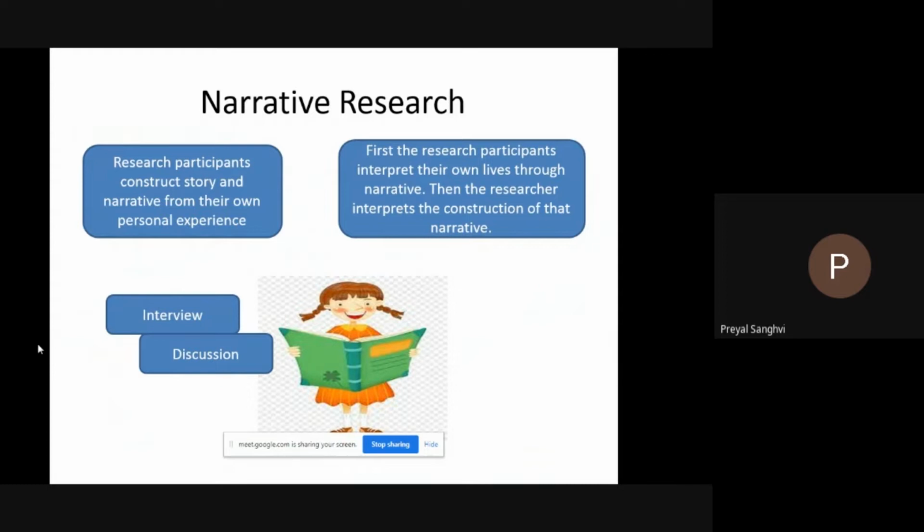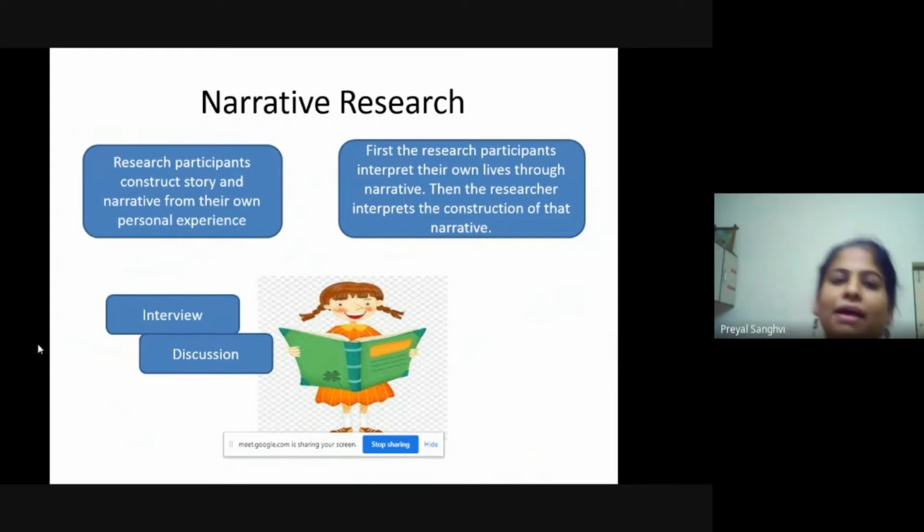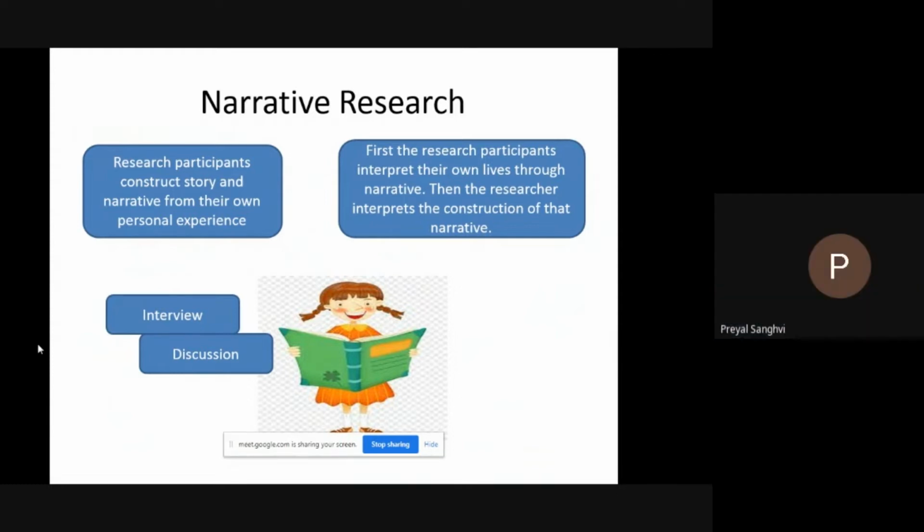So narrative research is basically a two-step research. In the first step, the participant tells a story about their own life and shares experience, and the researcher interprets and constructs that particular narrative. So this is a part of narrative research.